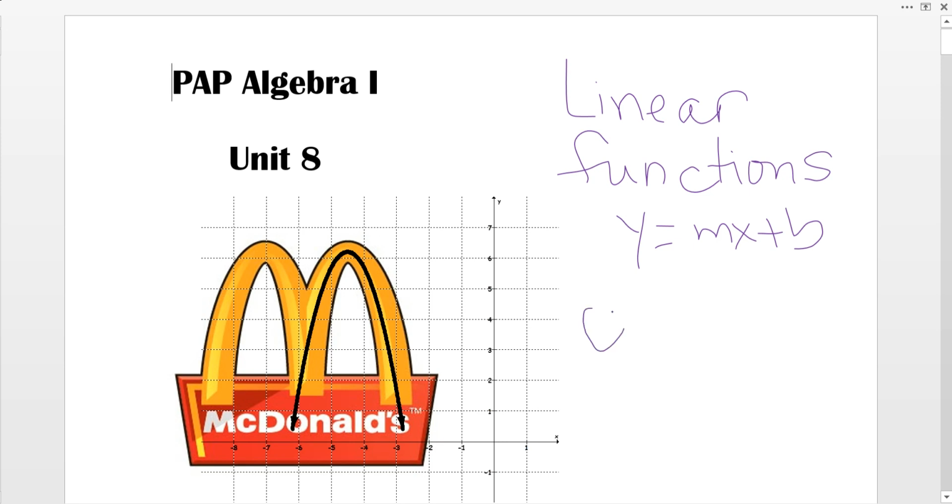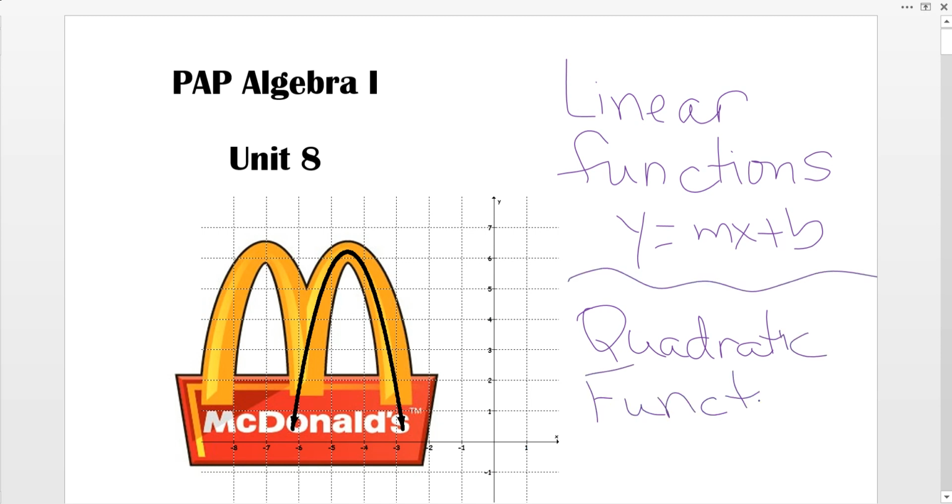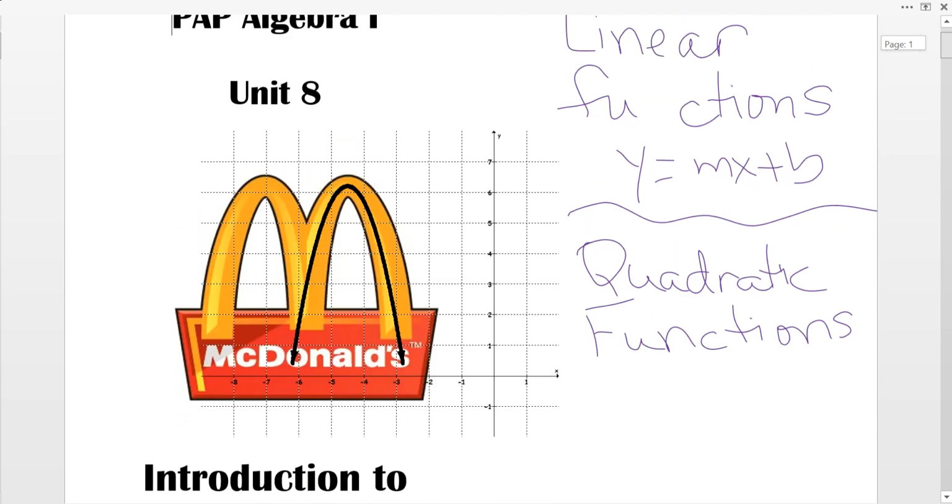Now we're doing quadratic functions, y equals ax squared plus bx plus c. So everything we've been doing in factoring so far has been leading up to doing graphing and finding all the parts of quadratic functions.